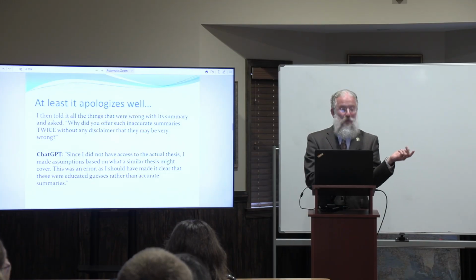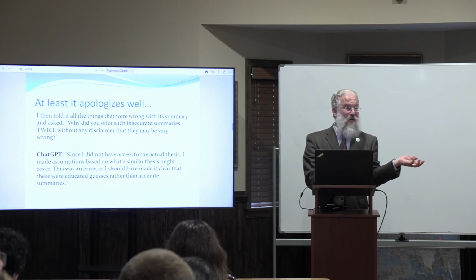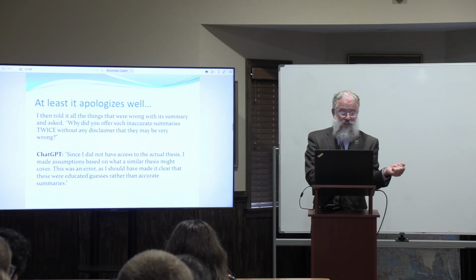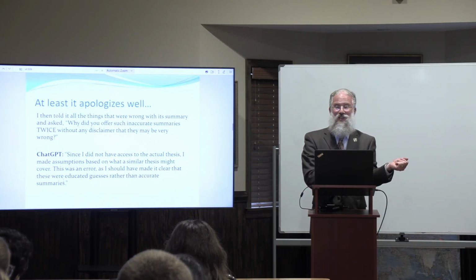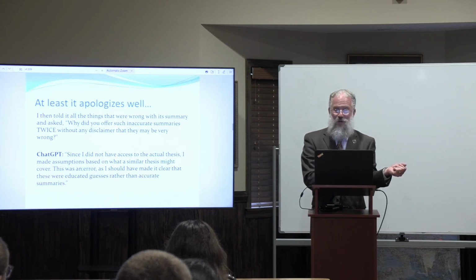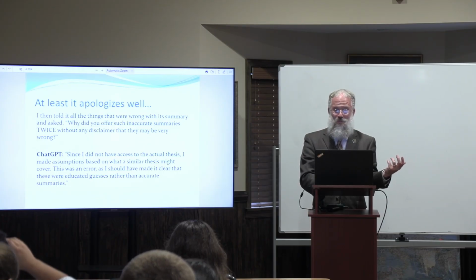I made assumptions based on what a similar thesis might cover. This was an error. I should have made it clear that these were educated guesses rather than accurate summaries. It only says this after it tells you it knows exactly what it's talking about. Can you see once again why we don't want you to use this for research?